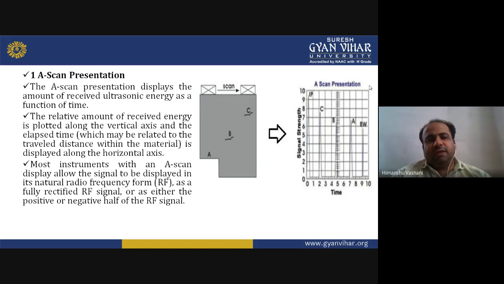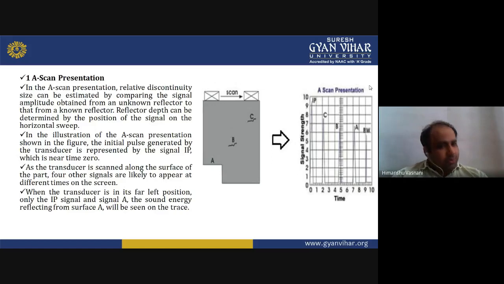Most instruments with an A scan display allow the signal to be displayed in its natural radio frequency form, that is the RF form, as a fully rectified RF signal, or as either the positive or negative half of the RF signal. Now in the A scan, relative discontinuity size can be estimated by comparing the signal amplitude obtained from an unknown reflector to that from a known reflector.